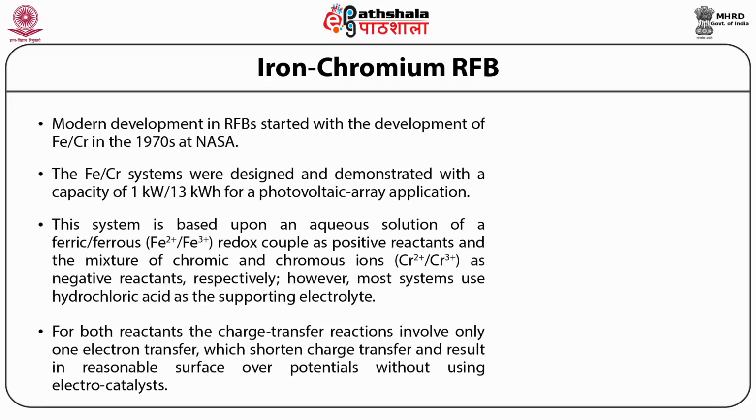It is a known fact that the iron redox couple is highly reversible on carbon or graphite electrodes. However, the chromium redox couple has slower kinetics and hence requires electrocatalyst.